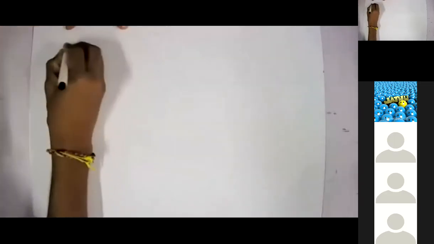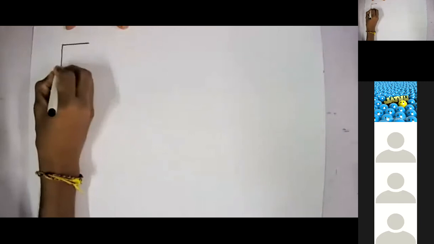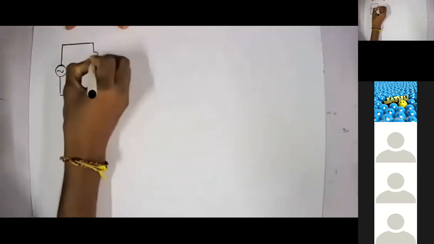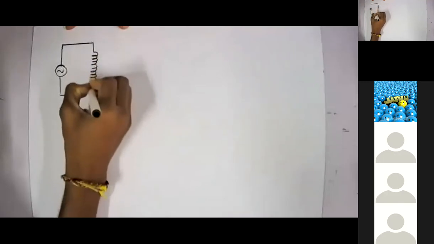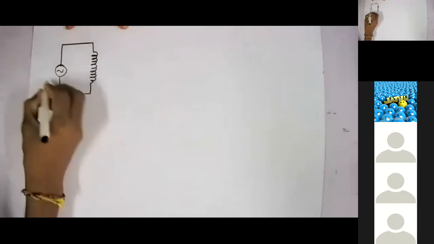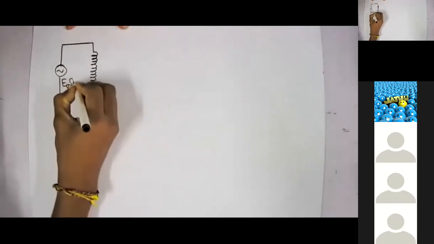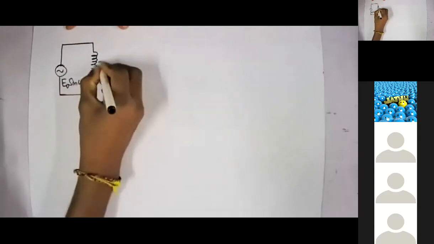Now, go for the inductor. An inductor is just a coil, a copper coil. Hope all of you know what an inductor is. This is E naught sine omega t.